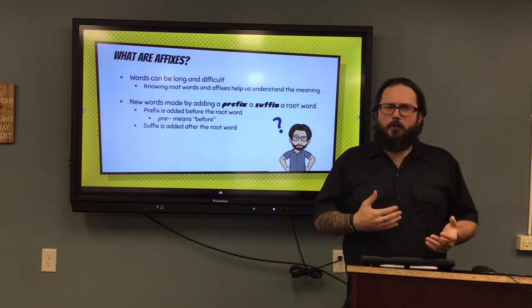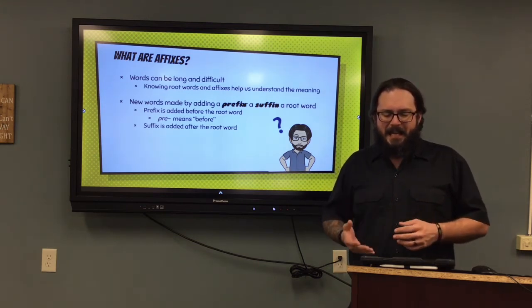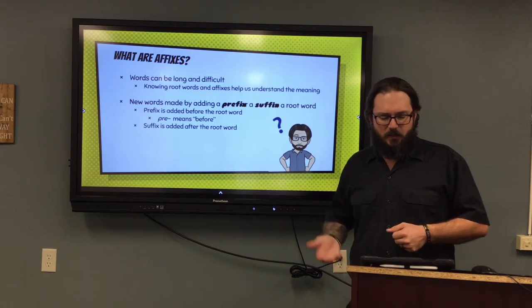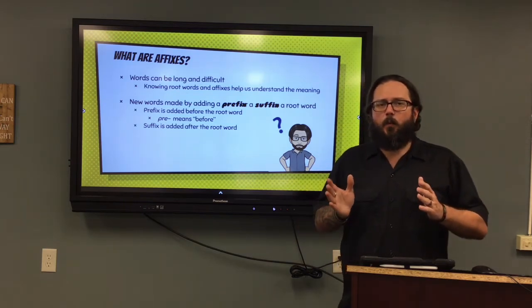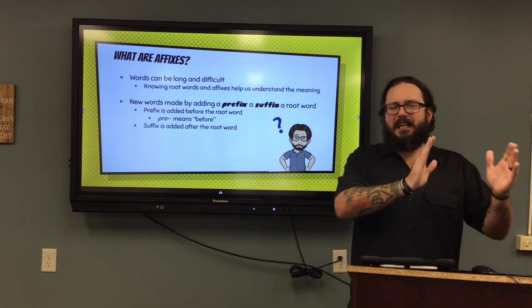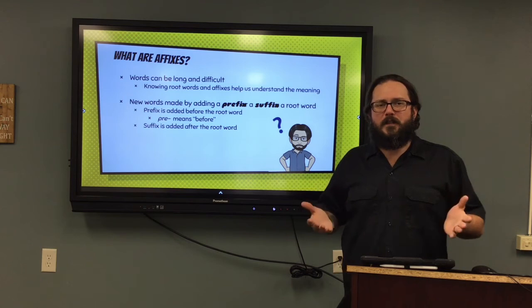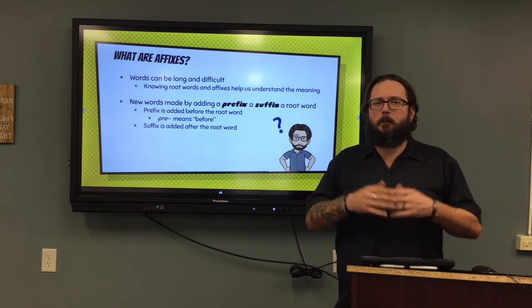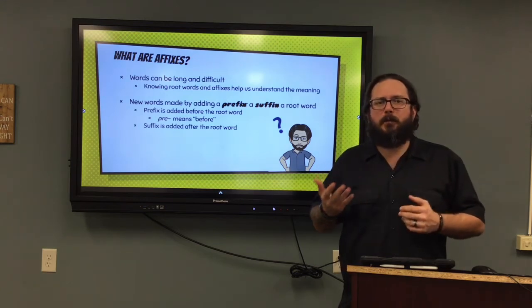So we can take a root word or root and make new words by adding a prefix or suffix to it. The prefix is what is added to the beginning of the root word, or before the root word. As a matter of fact, if you look at the word prefix, the pre means before.